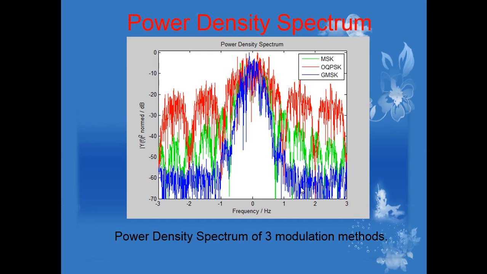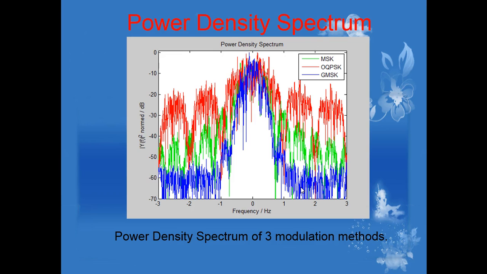So as a result, compared with MSK and GMSK, OQPSK has a larger power spectral density but performs the worst in terms of BER. MSK outperforms GMSK in BER, which is probably because the Gaussian filter used in GMSK causes inter-symbol interference.